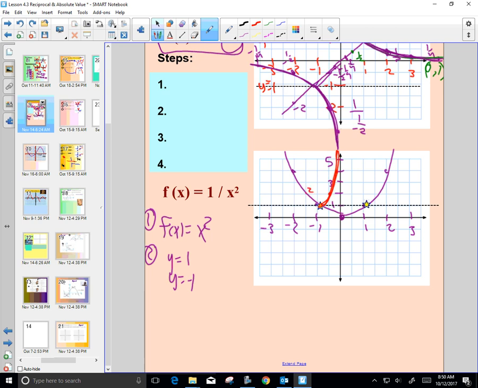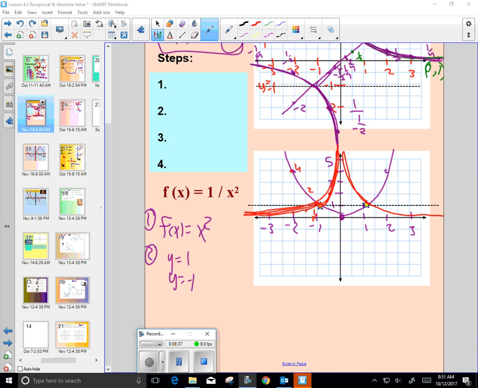So if this is 2, 1 over 2 is a half. 1 over 4 is going to be a fourth. And so this one's going to flip down this way. See if you can do the other side. This 0 to 1 flips up, and 1 to infinity flips down to here.